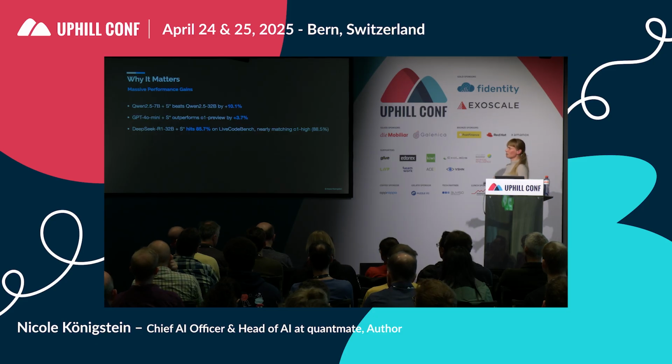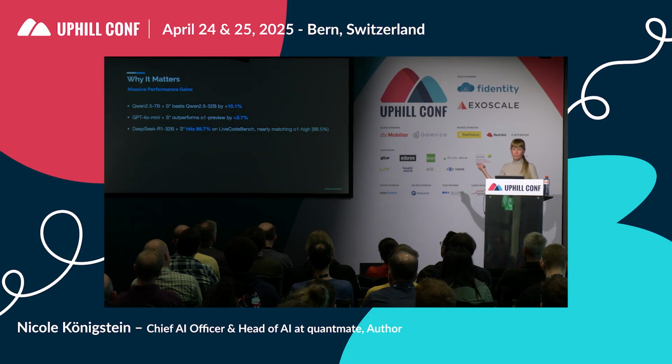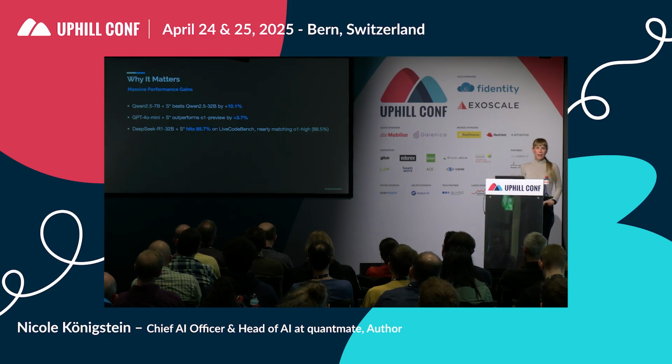And why does this actually matter? So I already mentioned, if you want to improve your agent for helping you fix your bugs, why should you bother with using this? This is why. For Qwen, it got an improvement of 10%. And if you think about it, 10% is quite a bit.